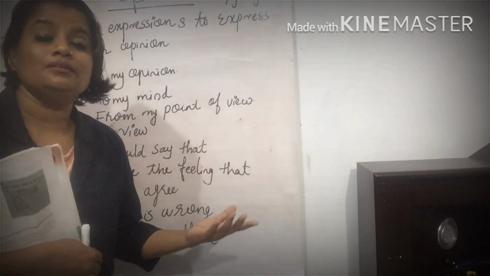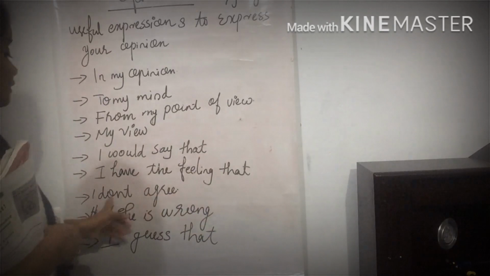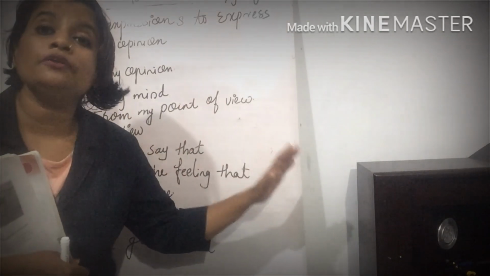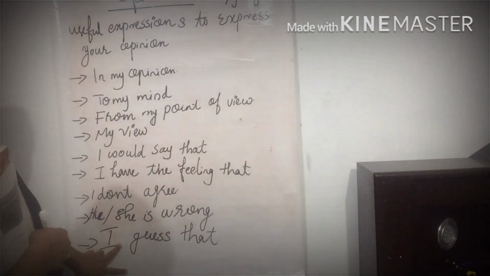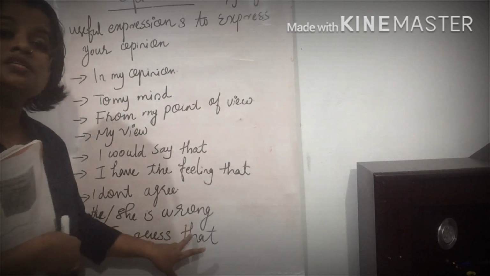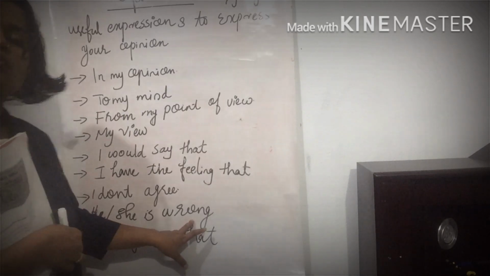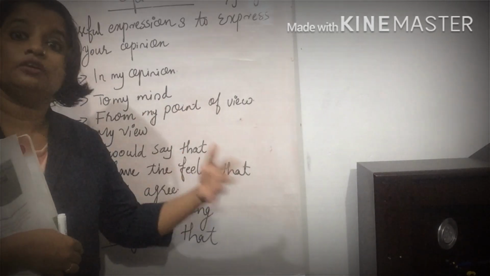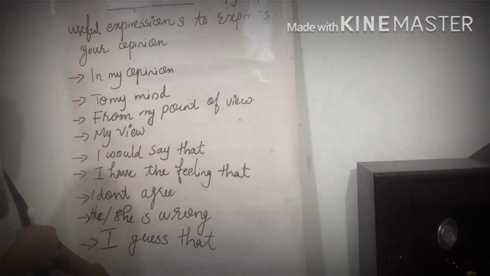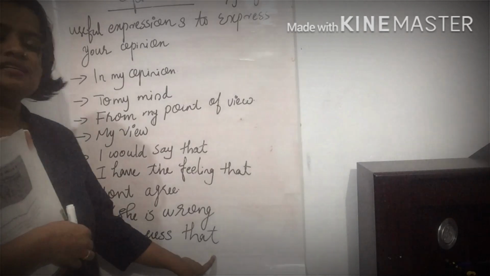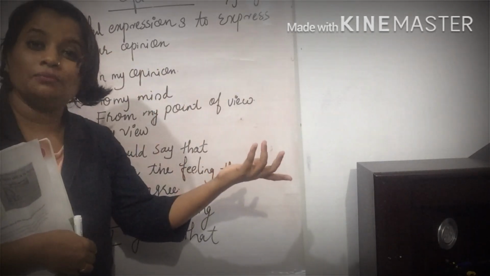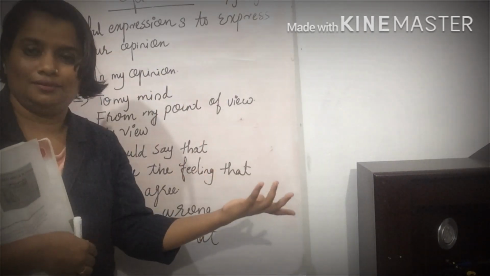If you disagree with any point of view, you can say, okay, I don't agree with your point of view. Next one is he or she is wrong. What she said, she is utterly wrong. The next one is I guess that. Yes, I guess that sometimes she might have done it wrongly.